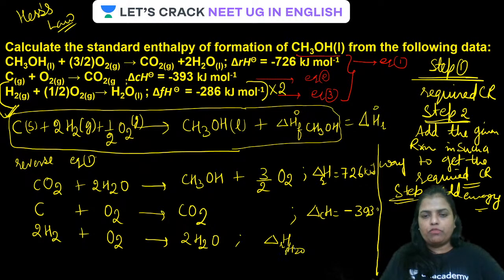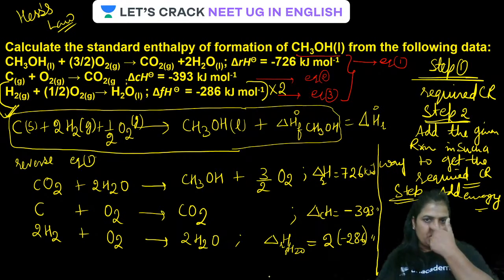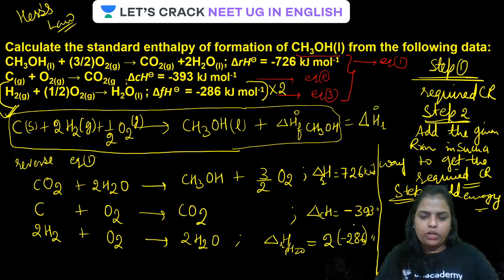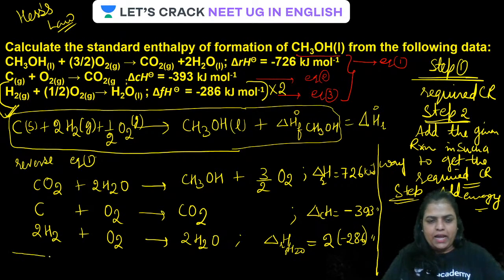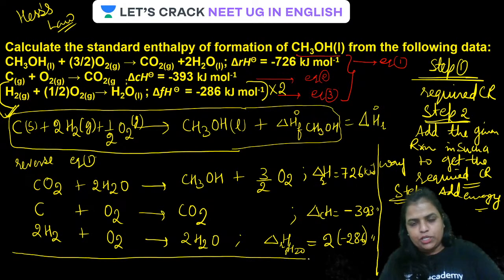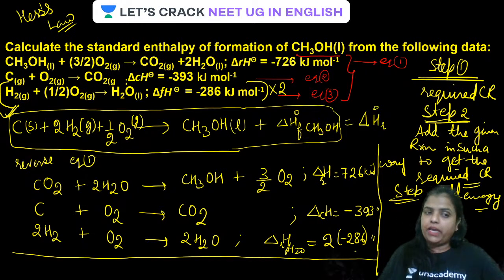This formation of water is going to be equal to 2 times minus 286 kilojoule per mole. All clear? Do reply in the chat box, and all those who have solved it already can also answer in the chat box. What do we have to do now? Simply add this entire equation, including the energy.